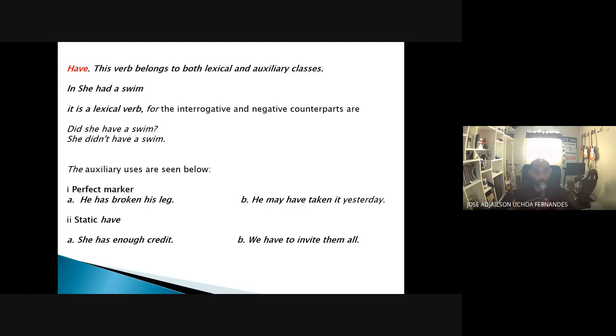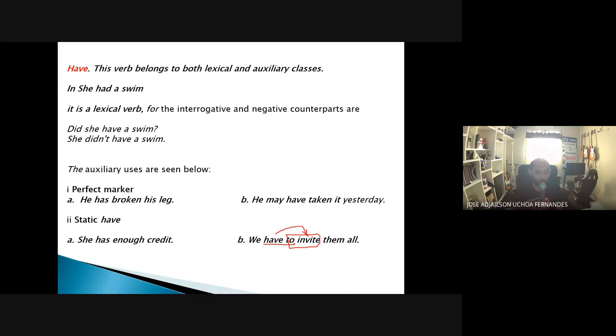Although this has she enough credit is sometimes used, especially in European English. But we have to invite them all. What is the interrogative? Again, do we have to invite them all? Okay. In this case, this have is working with the infinitive of the verb to invite, to indicate something that is mandatory to do.